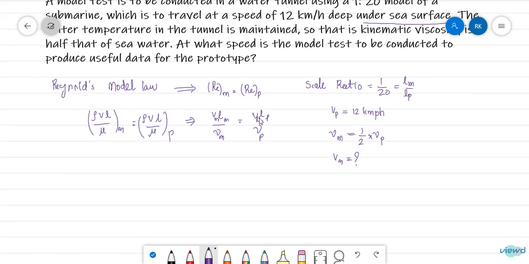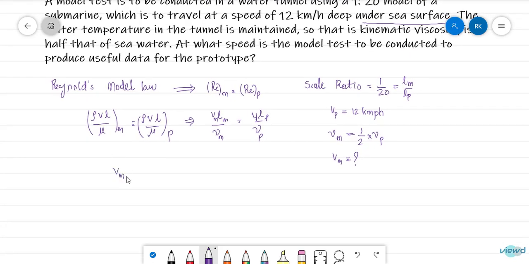We need to find Vm. Vm is equal to velocity of prototype into Lp by Lm, and then nu m by nu p.